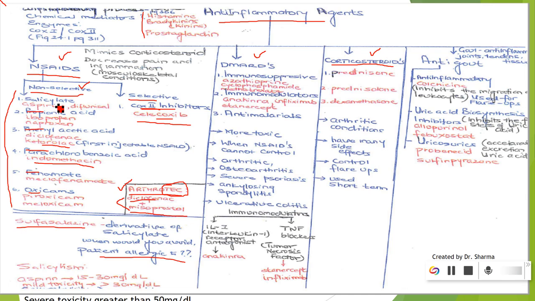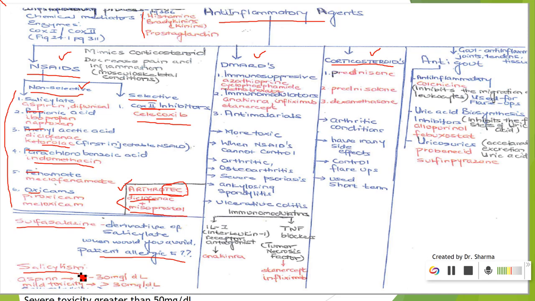Now, because aspirin is so commonly taken by individuals, especially if they have arthritis, it is not like you take it for fever, where you take it for maybe 1 or 2 or 3 days, right? If it's an arthritic condition, obviously they are going to take it for a long period of time. Then what you really need to know is salicylism. Salicylism means toxicity.